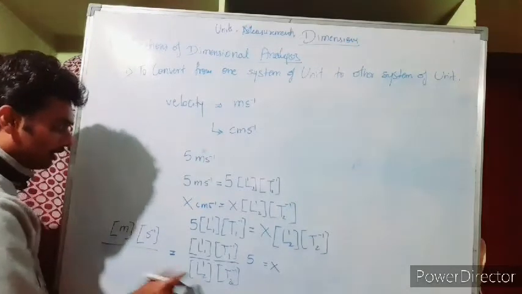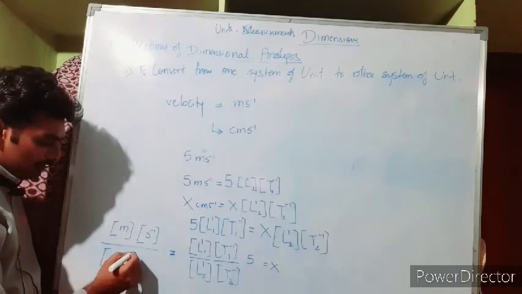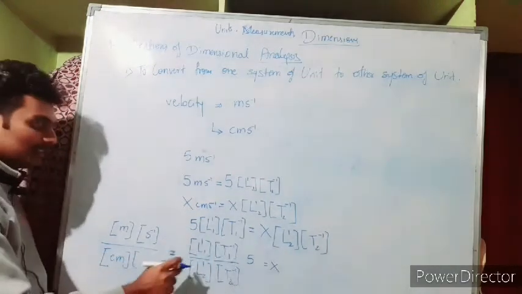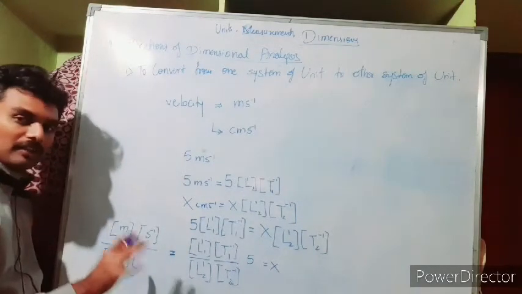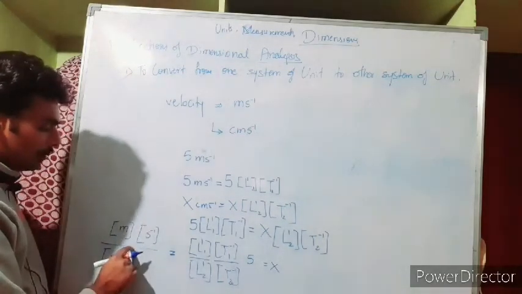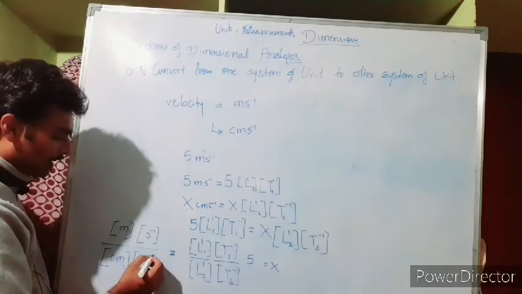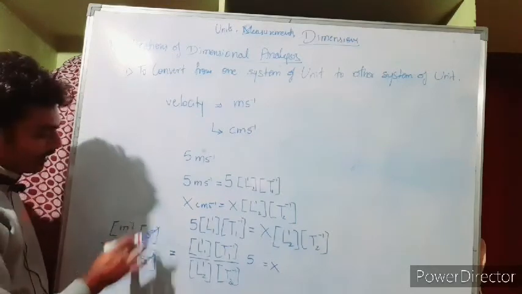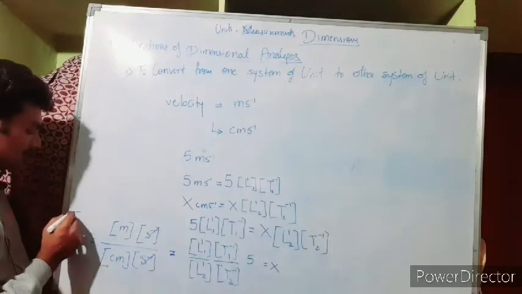Here L2 is centimeter, because it's the dimension of length in CGS system. That's why I took L1, L2 differently. They are the same length dimension, but I have used different representations. Again, T2 is seconds to the power minus 1. So this second to the power minus 1 cancels, since second is the same for both of them.